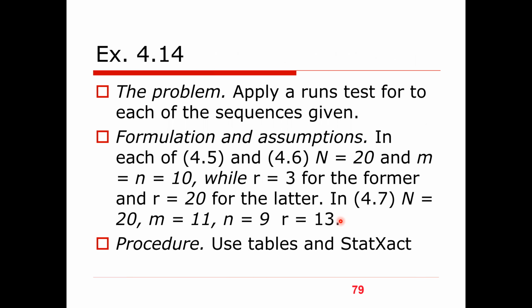All right, let's look at example 14. For the coin tossing problem, suppose we have the 3 samples shown on the earlier slide: 3 runs, 20 runs, and 13 runs. Let's test each sample's randomness using the runs test.